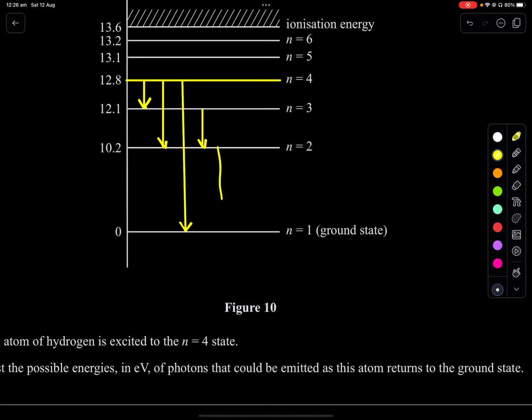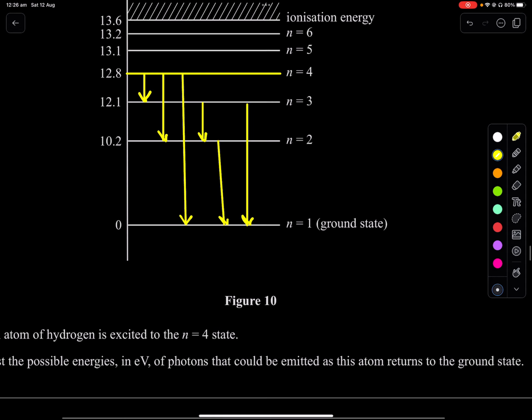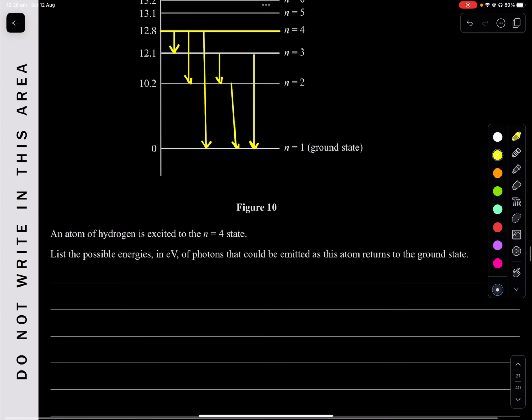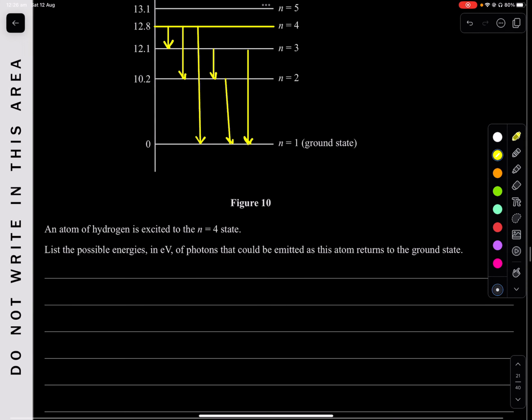It can go down to here. What else? It can also go down to here. Yeah, I think that'll be it. These are the only emissions that we can get.